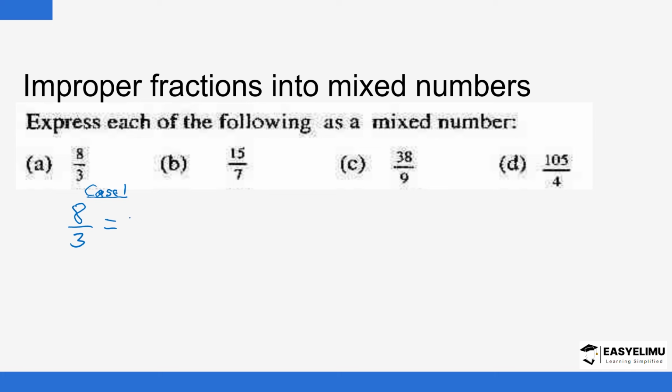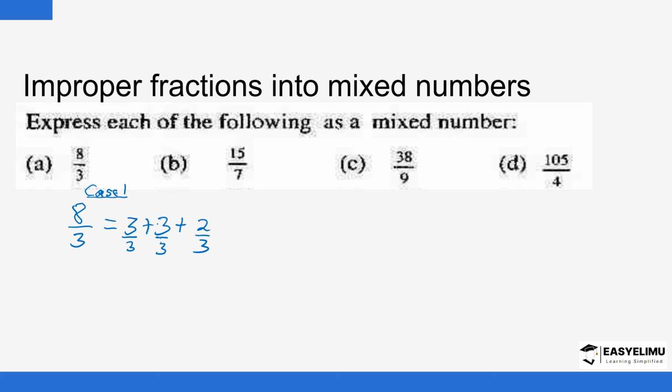So you add 3 plus 3. If you add another 3, it will be more than 8. So maybe you add 2. You see, we add 2, and that will be 8. This is over 3, this is over 3, and this is over 3.